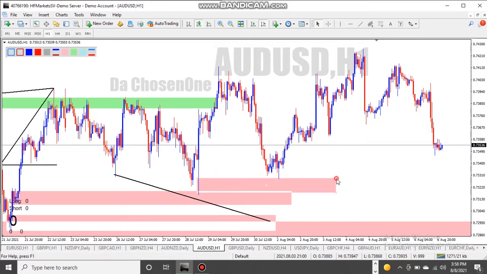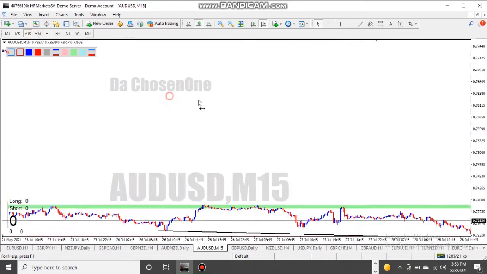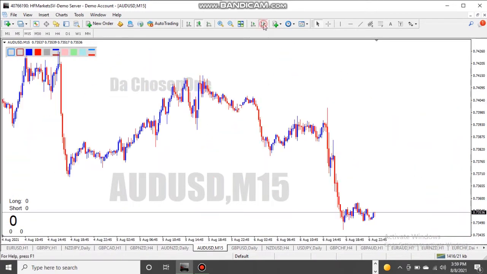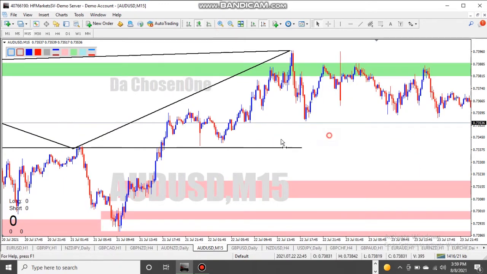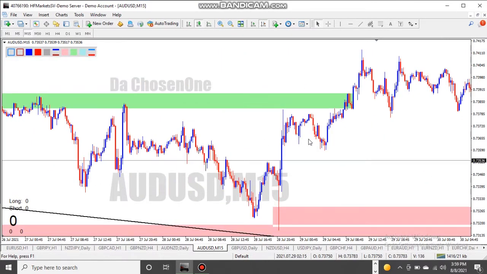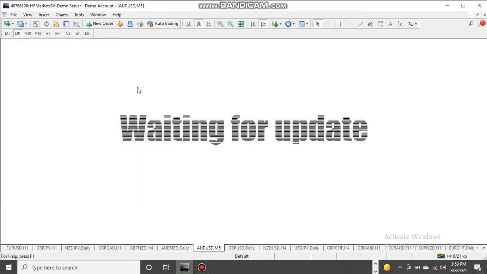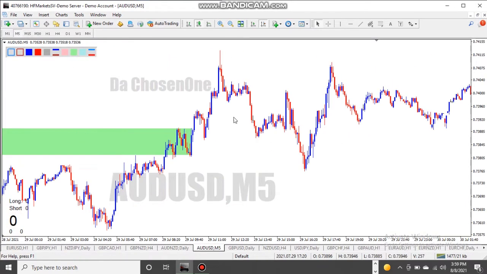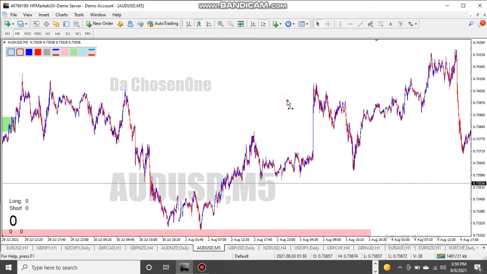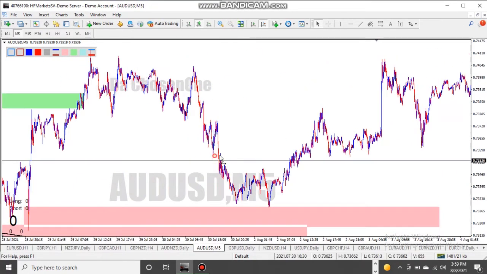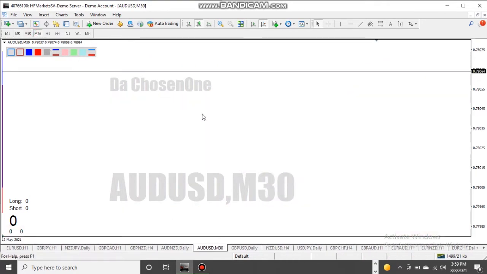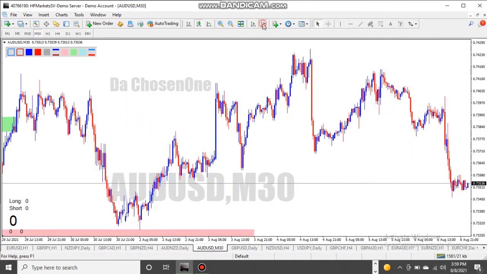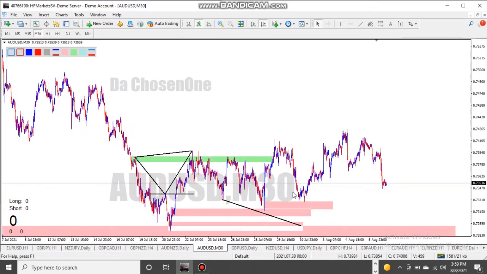There was a demand area here. When you go to the lower time frames, for sure you can see it. There was a decision point over there.